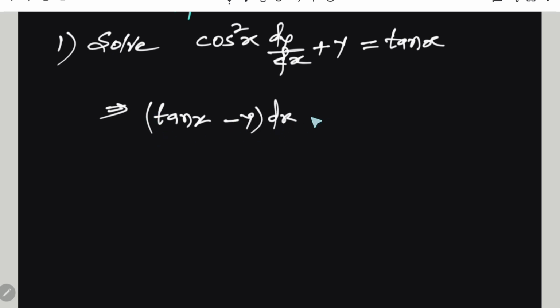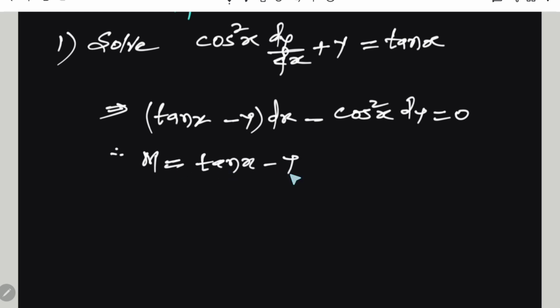Therefore, we have to rewrite that equation in the form of m dx plus n dy equals to 0. Comparing, we get the value of m as tan x minus y, coefficient of dx, and the dy coefficient n is equal to minus cos square x.